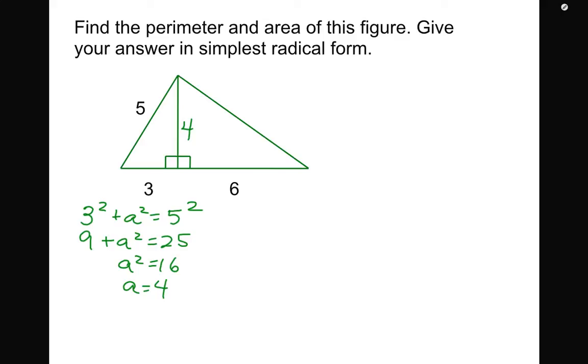Okay. Then switch to the right-hand triangle. And I think this one comes out radical. So let's see what I get. 4 squared plus 6 squared equals x squared. 16 and 36 makes, I think, 52.